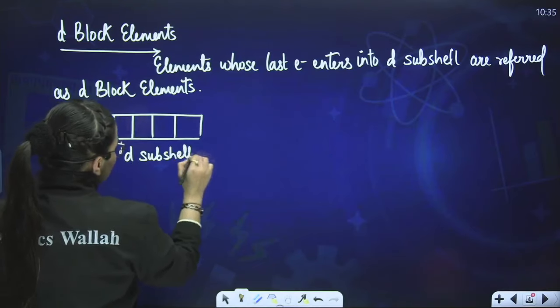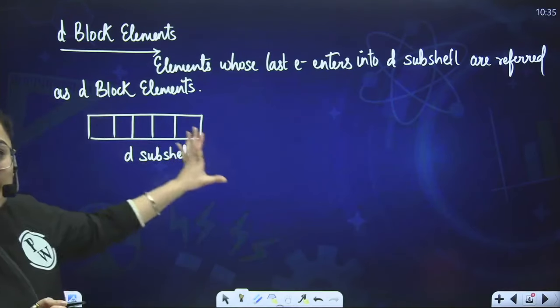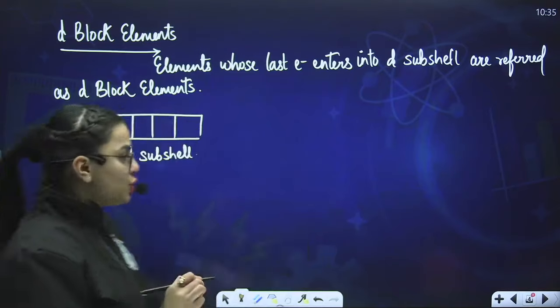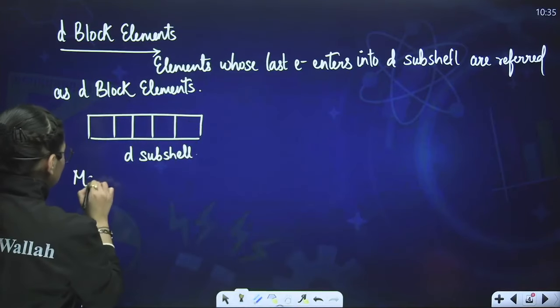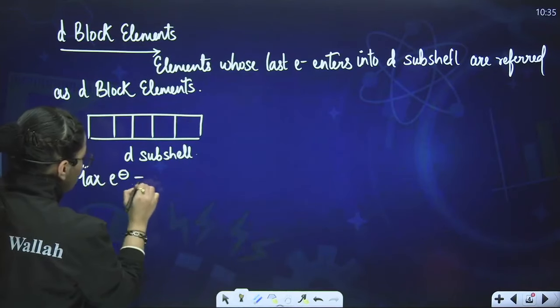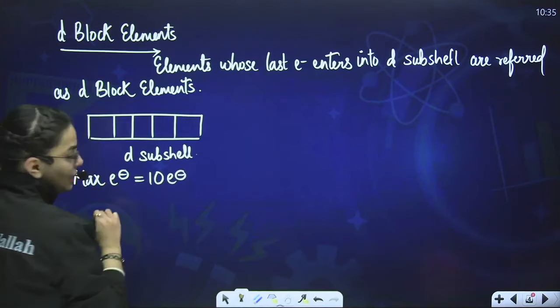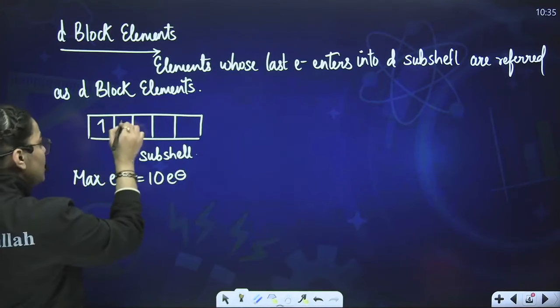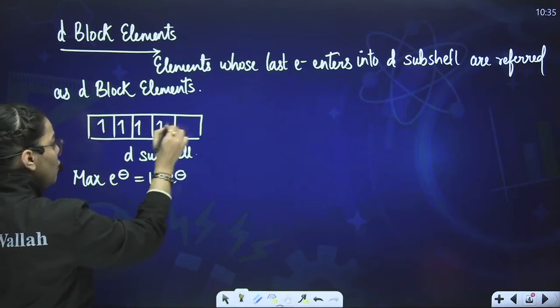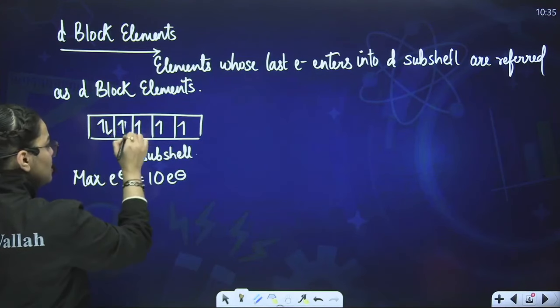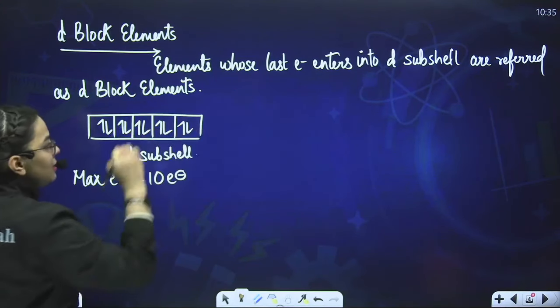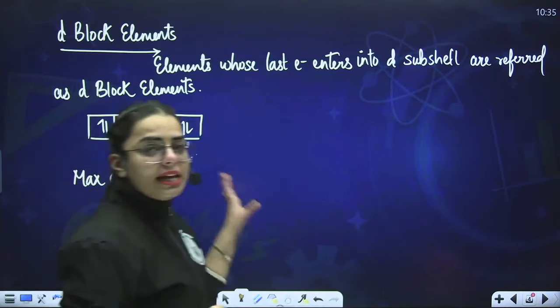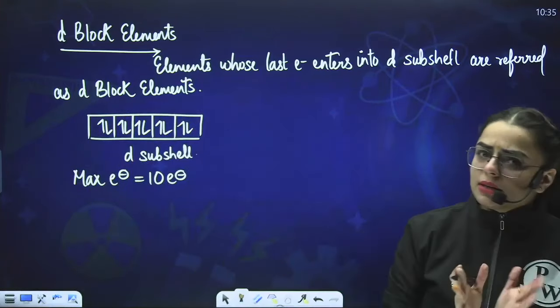Now, if I ask you how many maximum electrons can be filled in the D subshell, your answer shall be 10 electrons. How can I fill them? 1, 2, 3, 4, 5, 6, 7, 8, 9 and 10. That means a maximum of 10 electrons can be filled here. Is it clear to you?